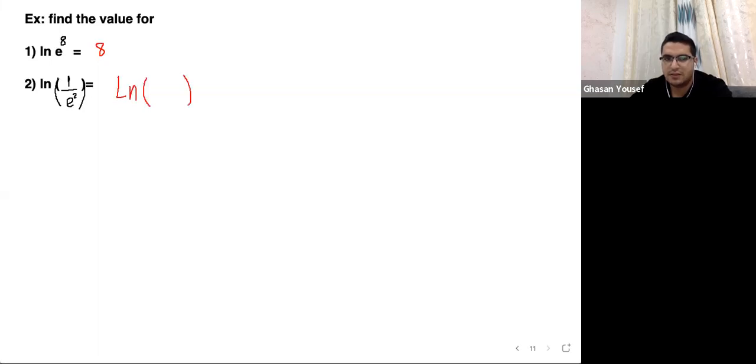If I want to raise the e to the power 2 up, e to which power? Negative 2, correct. And ln e to the negative 2, what is that equal to? By using the same property as before, it is minus 2. So the answer is minus 2.